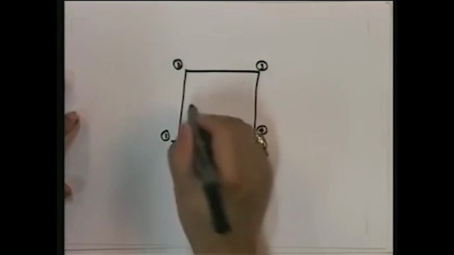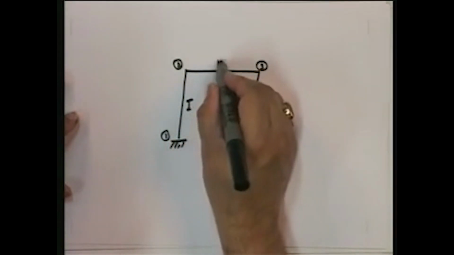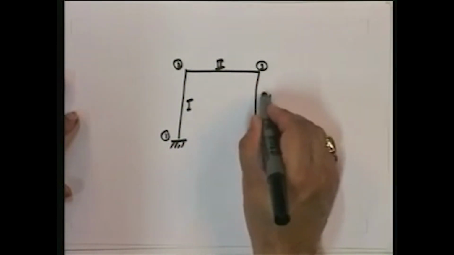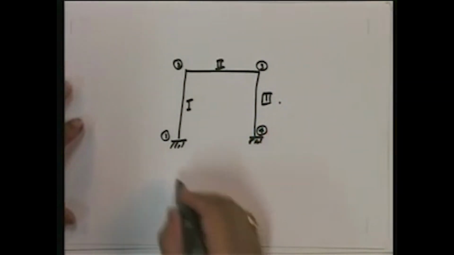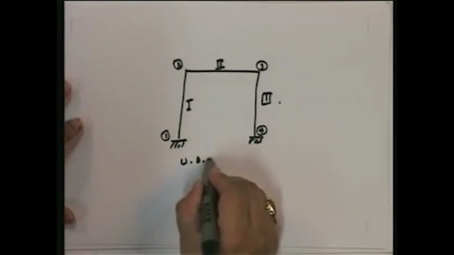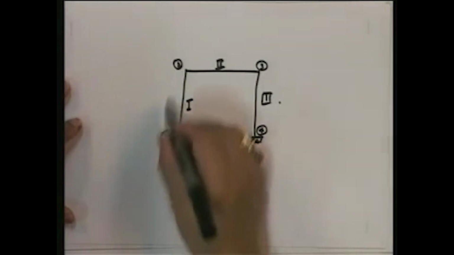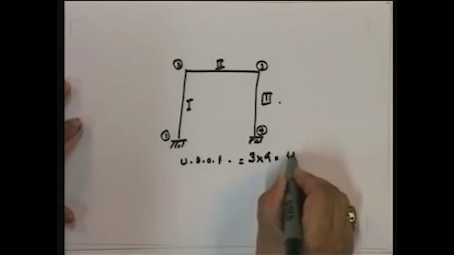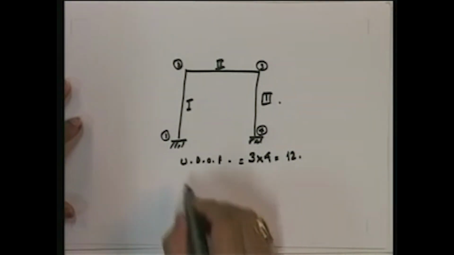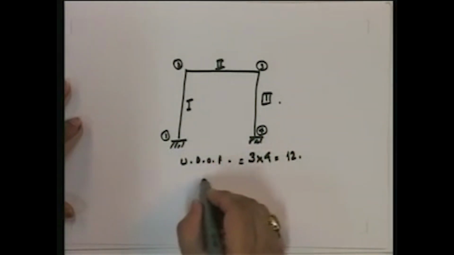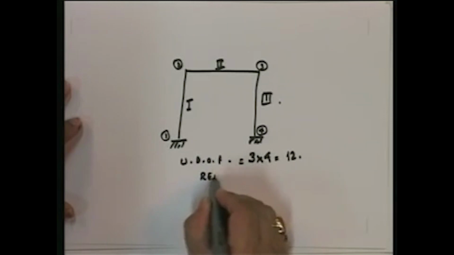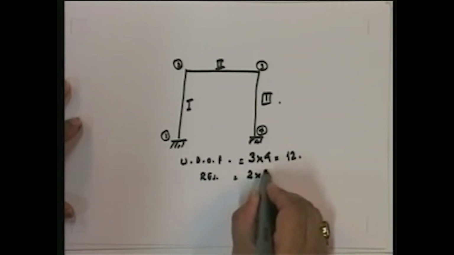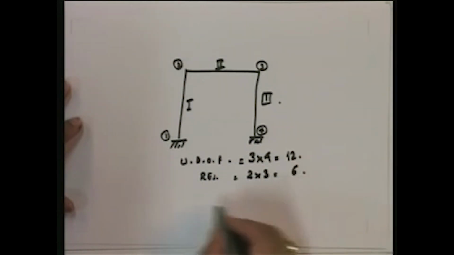How many members? 1, 2, 3. Okay. Now the unrestrained degrees of freedom. 4 joints. 3 into 4, 12. Restraints, 2 fixed supports. So restraints, 2 fixed supports is 2 into 3 restraints, 6.